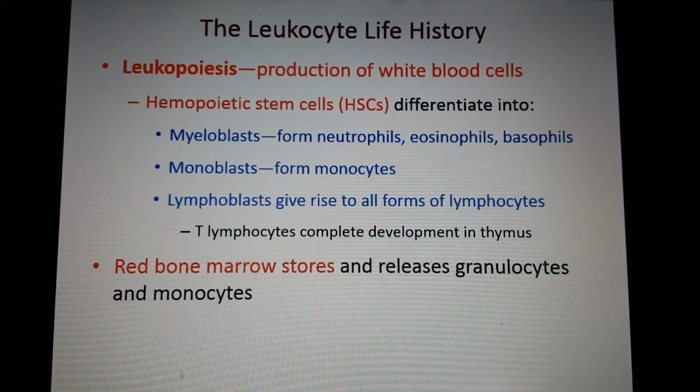You start off with your hematopoietic stem cells, which will then differentiate into a type of blast cell. In our case, our myeloblasts form our neutrophils, eosinophils, and basophils. Monoblasts eventually differentiate into monocytes, and your lymphoblasts eventually become your lymphocytes, and those lymphocytes are later tested in the thymus for their ability to function.